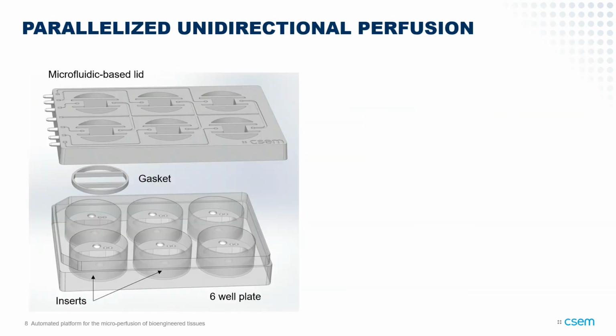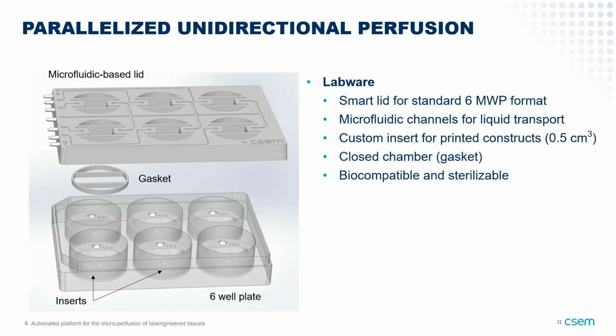Here you see how the system for the perfusion looks, how we can create this closed chamber to perfuse unidirectionally into the wells. First we have the labware, the standard 6-well plate. Then we have the smart lid with the microfluidic channels, where in this case we have 6 inlet channels to bring the liquid into the wells and 1 outlet channel to remove the liquid and lead to this flow.